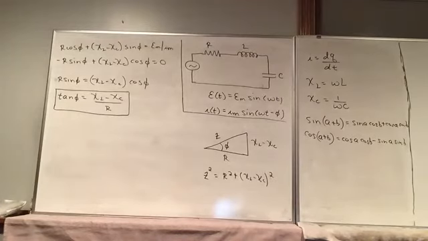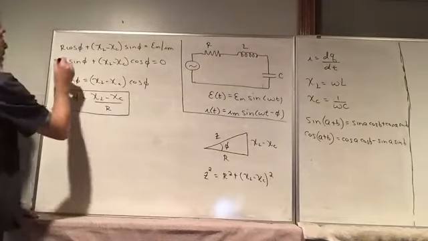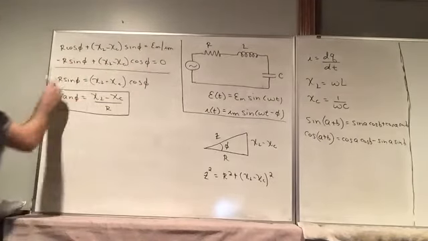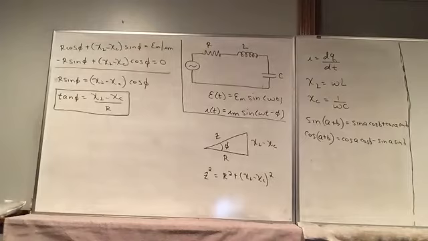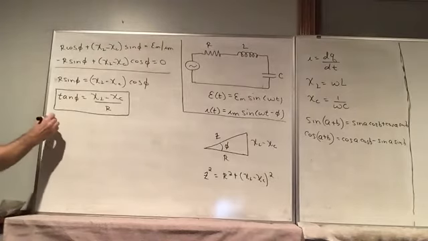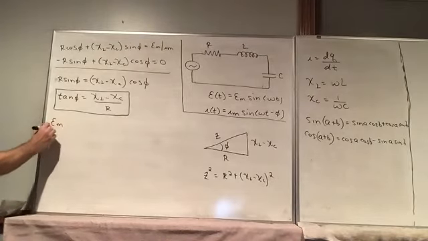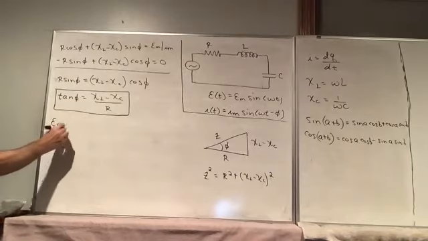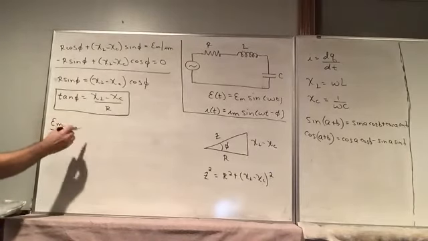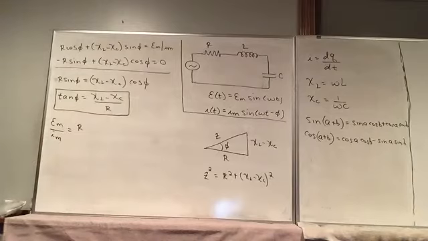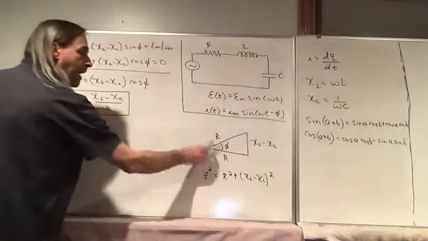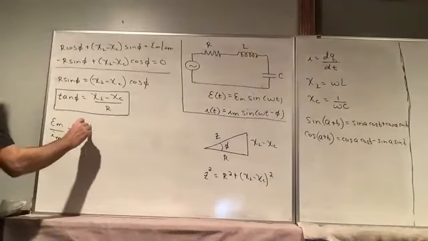So now let's look at this top equation here. We use the second equation to get phi. Now let's look at the top equation. So we have the EMF over the current. So that's equal to r cosine phi. Well, cosine of phi is r over z.